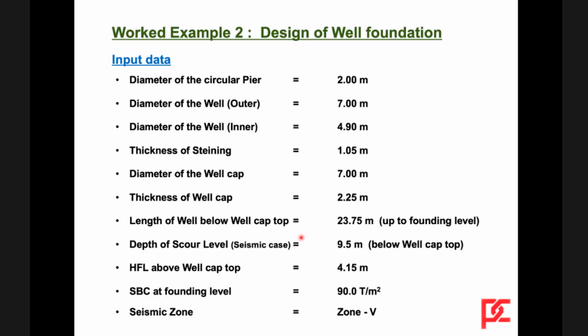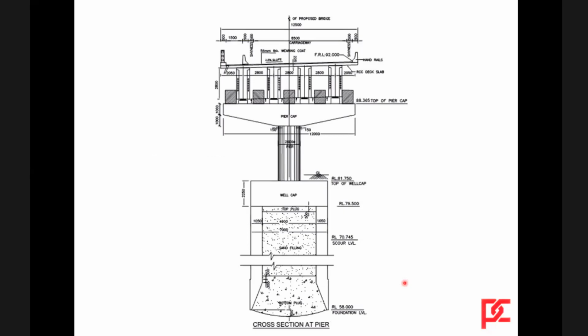The length of the well below well cap top is 23.75 meters, out of which the depth of scour is about 9.5 meters, and below the scour we have gone about 14 meters. Then SBC at that level is 90 tons per square meter, seismic zone 5. So this is the type of arrangement that is done.